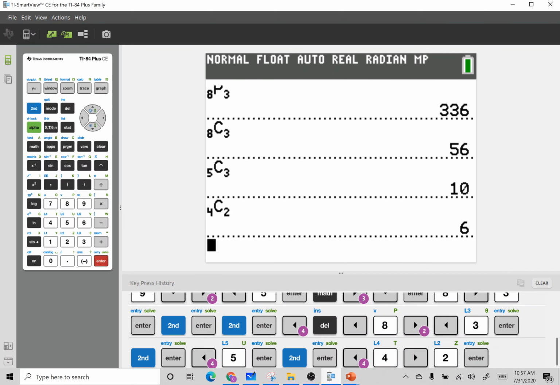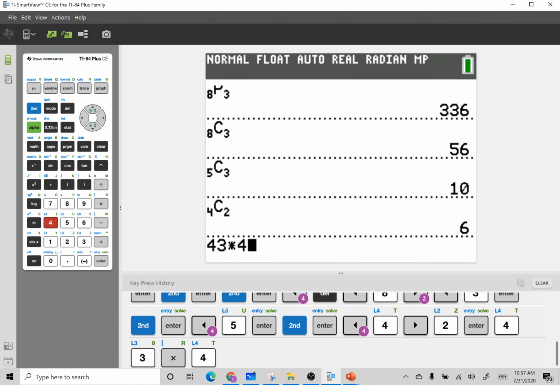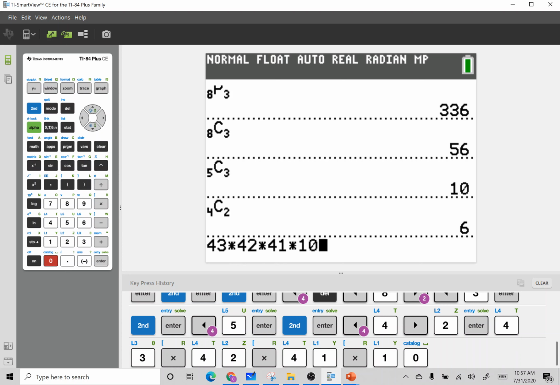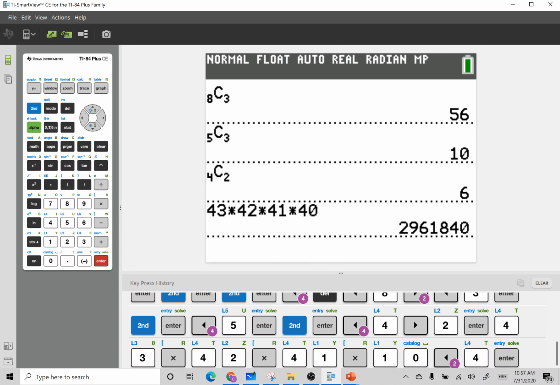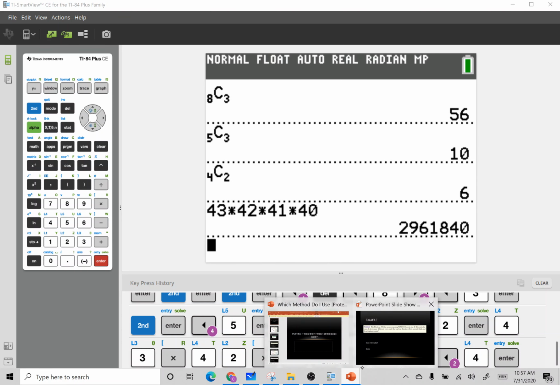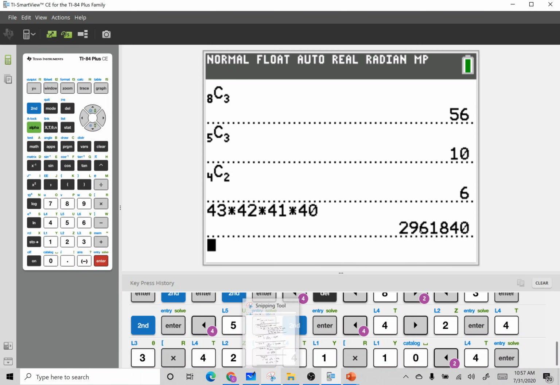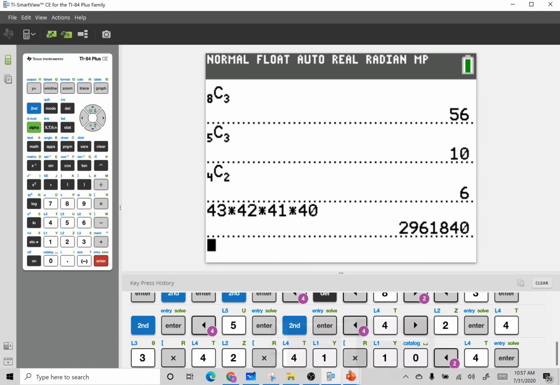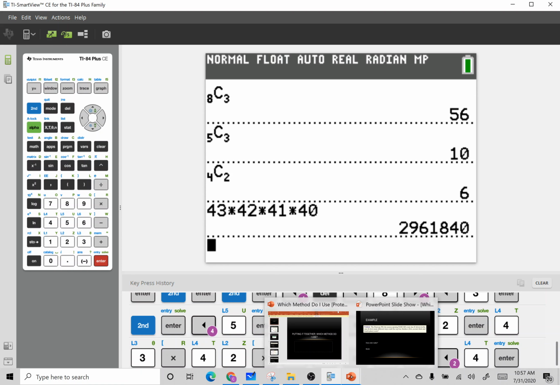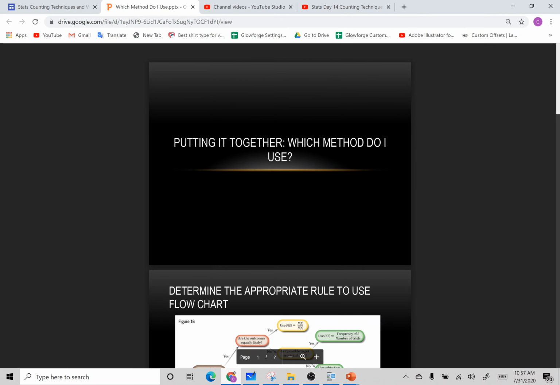Multiply all that out together. 43 times 42 times 41 times 40. There are a lot of ways. Okay, so there are that many ways, 2,961,840. Sorry, we're not looking at this one, we're looking at this one.